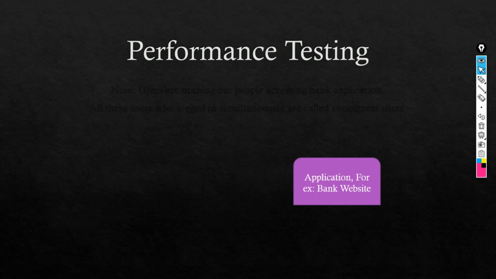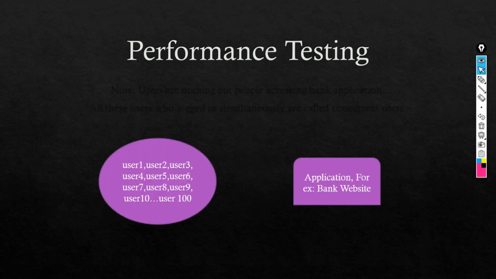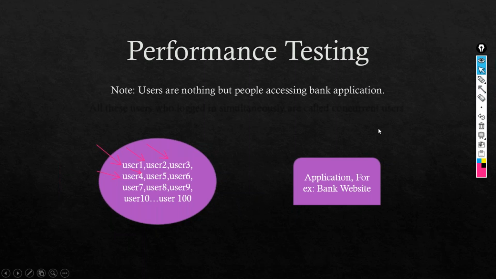So in the morning, more people access the bank application. Let's say user 1, user 2, user 3, user 4, user 5, likewise 100 users are accessing this bank application in the morning, in the peak hours.